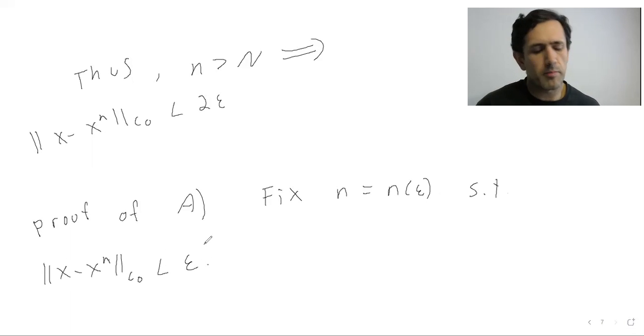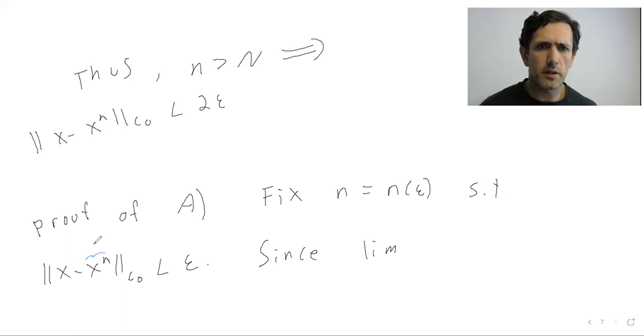Again, let's start off with some epsilon. Well, we know that this here is in C0. Again, this is not too hard, but you do want to be a little careful. You don't want to just throw out limits willy-nilly. You want to be a little quantitative here and a little careful.